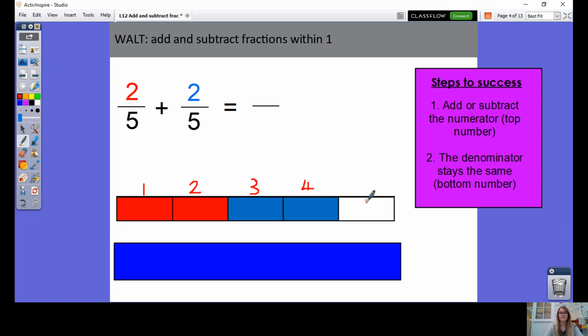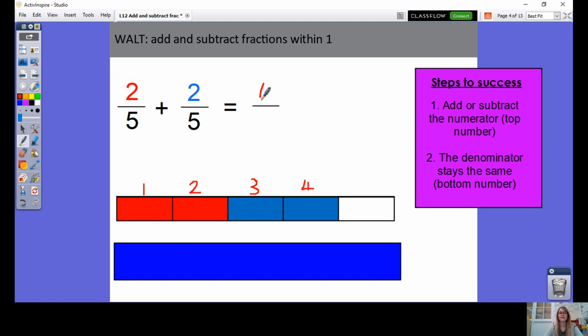So I know my answer is going to be 4/5, but we're just going to check with our steps to success that we can do that as well. So the first thing I need to do is add or subtract the numerator, which is the top number of my fraction. So I have 2 add 2. I know it's add because I've got my add symbol, okay? We're going to be looking at subtraction as well today. So 2 add 2 equals 4.